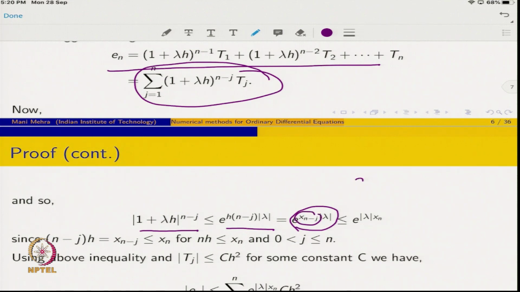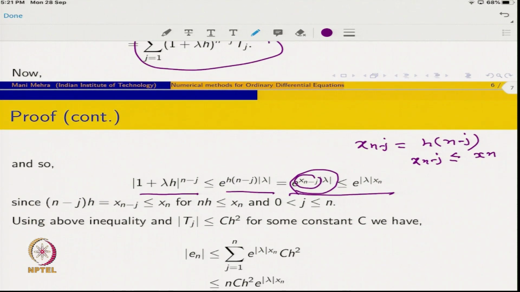This can be written this way, because x(n-j) is basically h into (n minus j), that we all know, and which can be written with a mod, because x(n-j) will always be less than xn. So, with this inequality we can write nh is xn, this we have also seen here.